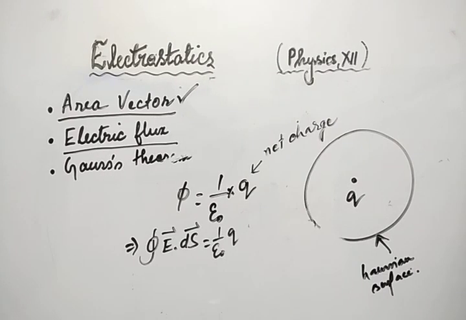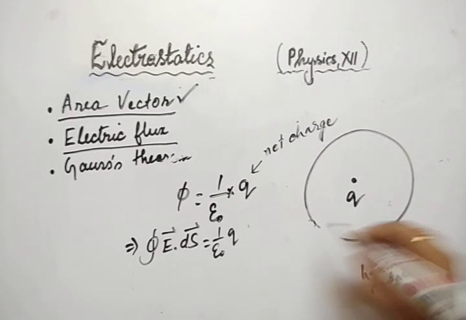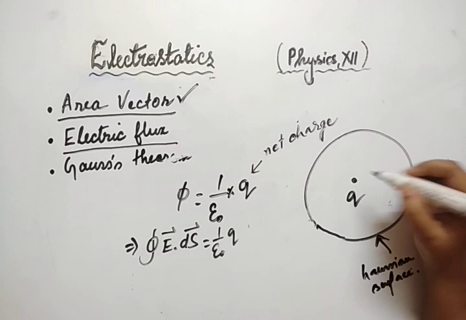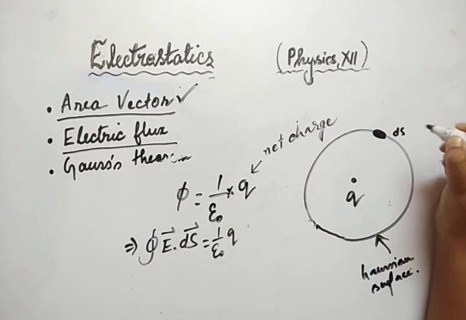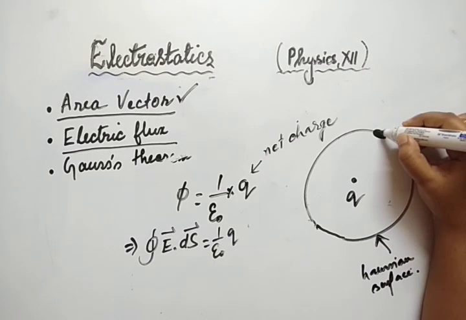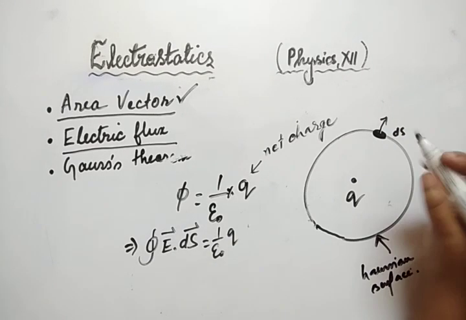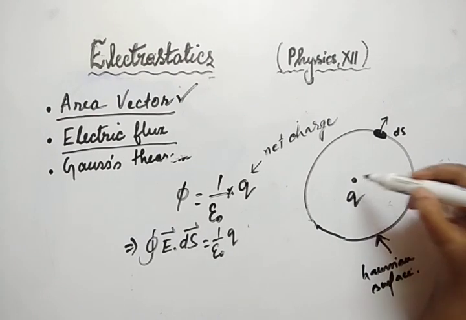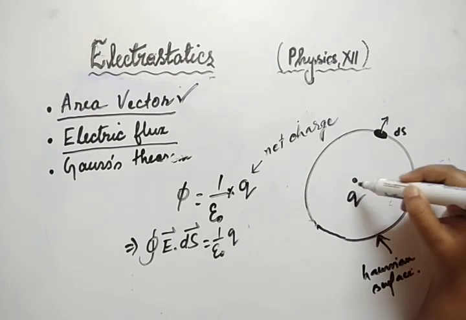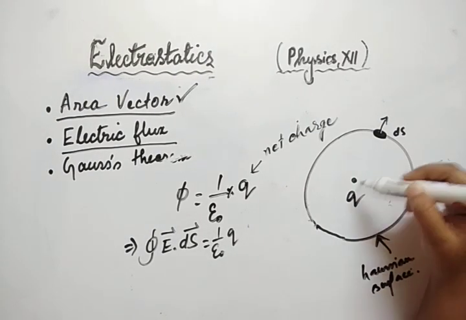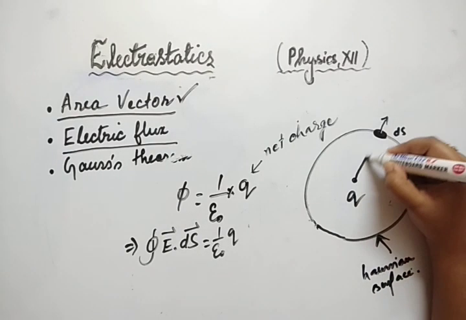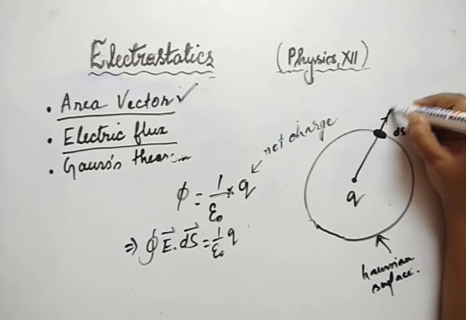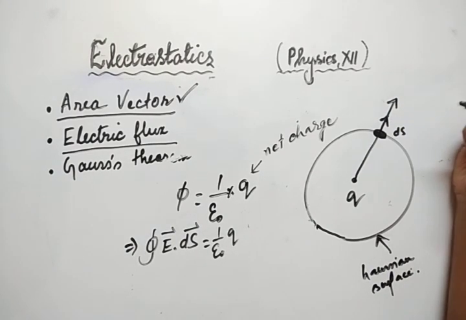And if you want to represent it in the diagram, how to write it? Suppose you consider this much area, and this area vector is in this direction. Now since this is a point charge, electric field lines are radial, electric lines of force are radial. So you will also have an electric line of force along this line only.